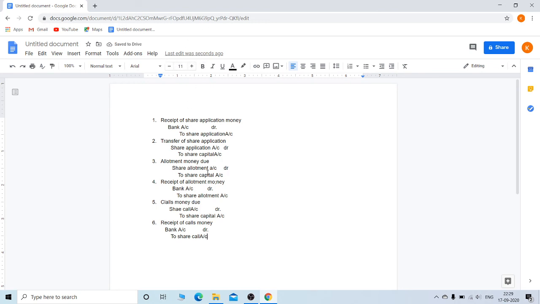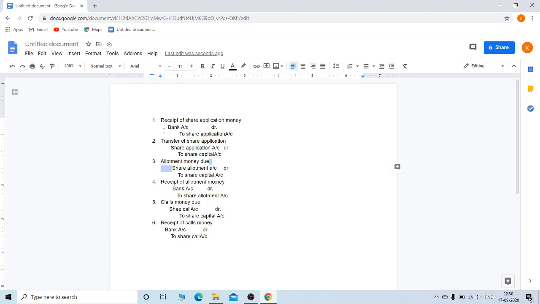If we observe these entries, the journal entries always begin with receipt of application money. For that we write bank account debit to share application account, and after the receipt entry we write the entry for transfer of share application money. After this, we write allotment money.